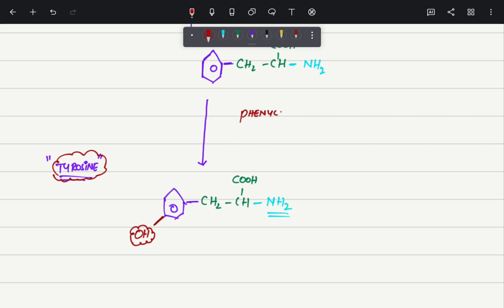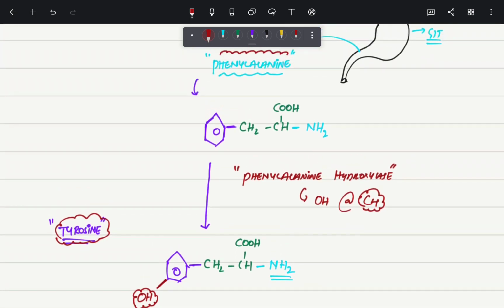phenylalanine hydroxylase. Okay, so phenylalanine hydroxylase will do hydroxylation at carbon number 4.